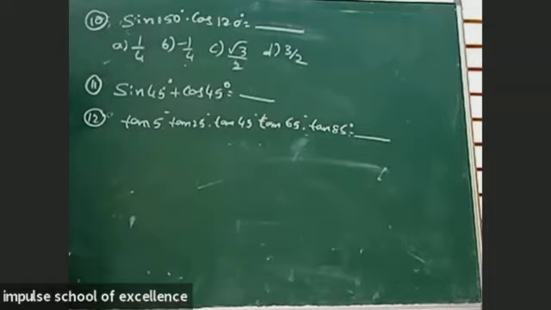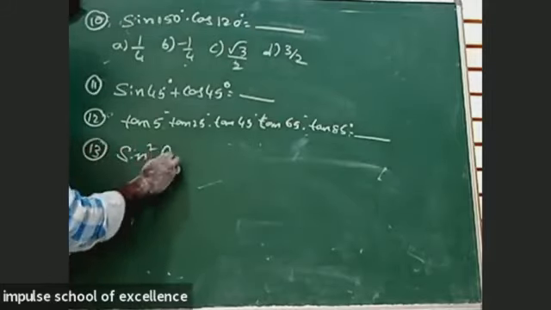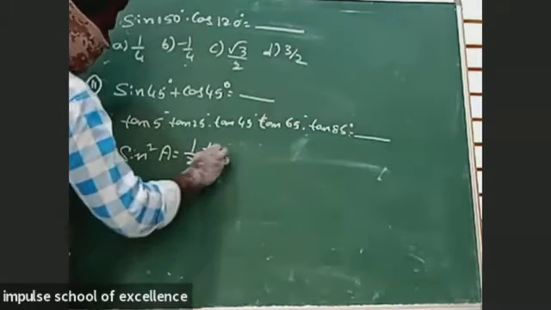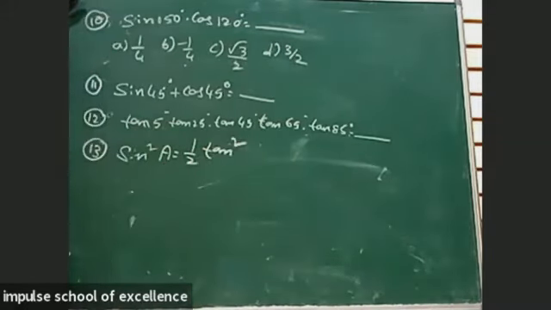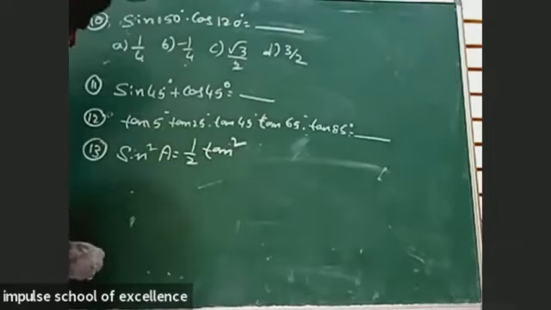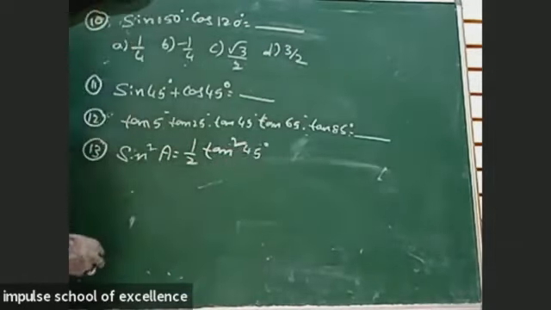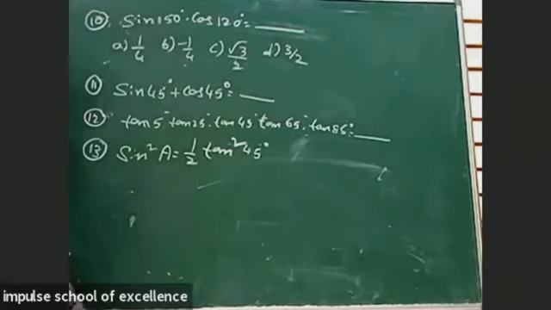Next, sin square A is equal to 1 by 2 tan square 45 degrees. Sir, the 11th one, option B, sir. Sir, the 10th one, option B, minus 1 by 4.